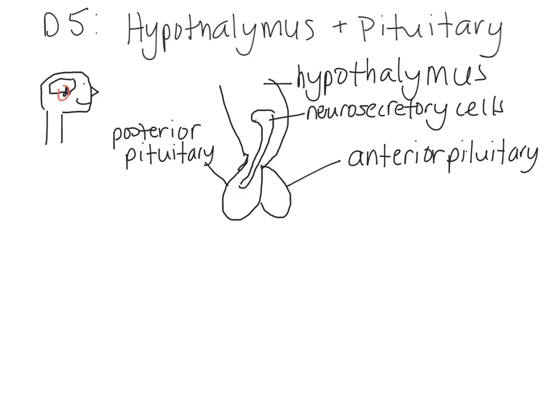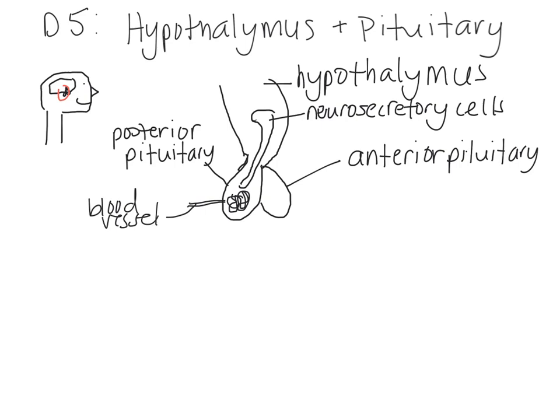So any hormone secreted by the posterior pituitary was originally built or assembled in the hypothalamus. Once those hormones are secreted by the terminal end of the neurosecretory cells, they make their way into the capillary network of the posterior pituitary, and they leave through a blood vessel. Then those hormones are free to act on whatever their particular target cells are.